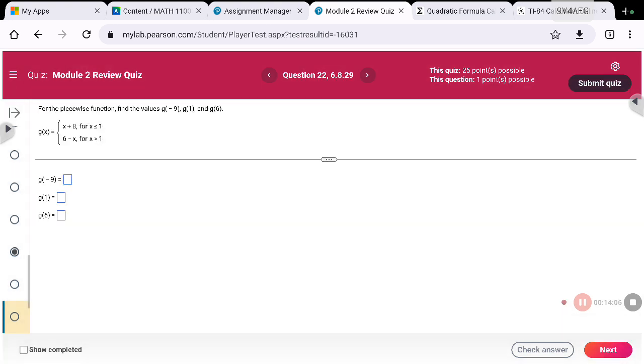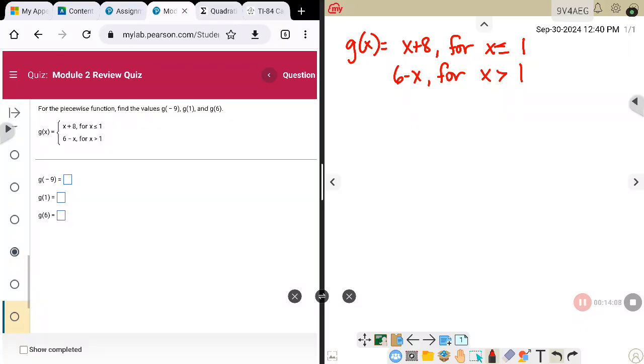On this next problem, we are going to be talking about piecewise functions. So our function is g of x equals x plus 8 for when x is less than or equal to 1. And then it turns to 6 minus x for when x is greater than 1. So here's what I like to do.